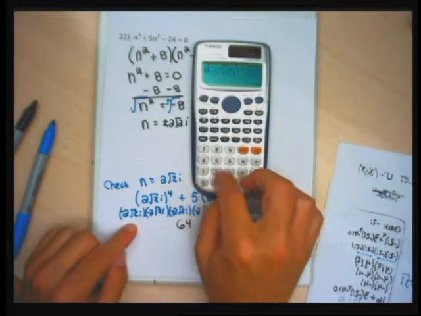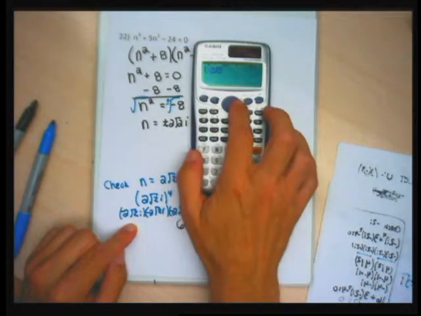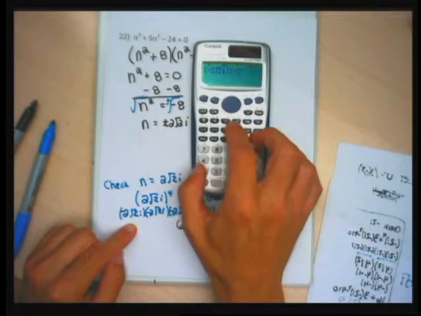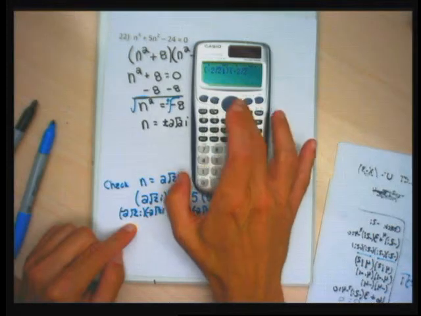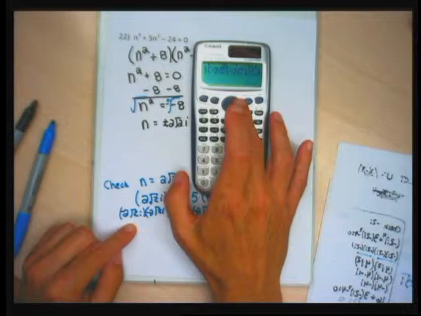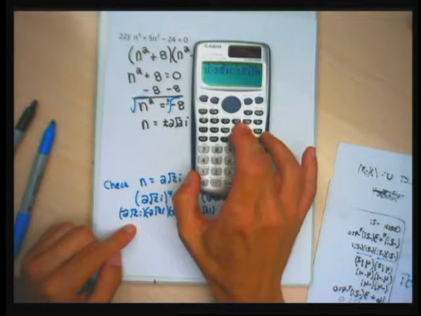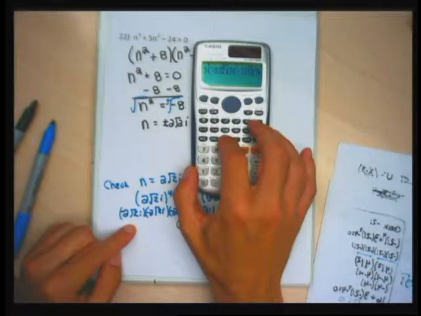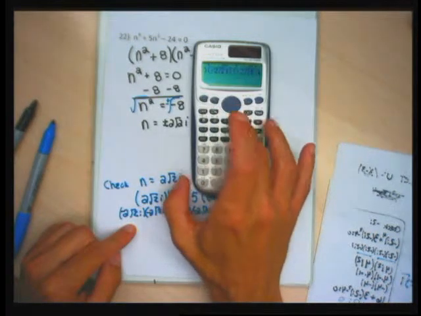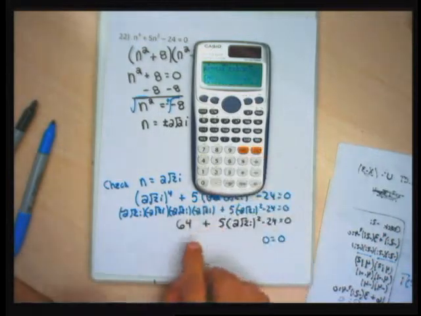So this piece is going to be parentheses, negative 2 square root of 2i, that's 1, and then negative 2 square root of 2i, that's 2, and negative 2 square root of 2i, that's 3, and then negative 2 square root of 2i, that's 4. Believe me, those come out to 64.